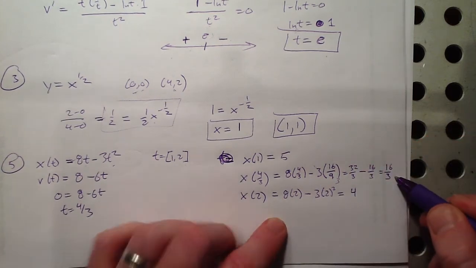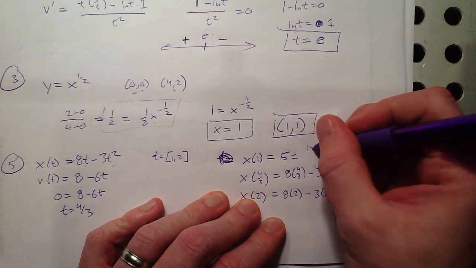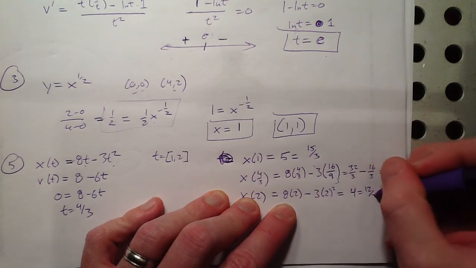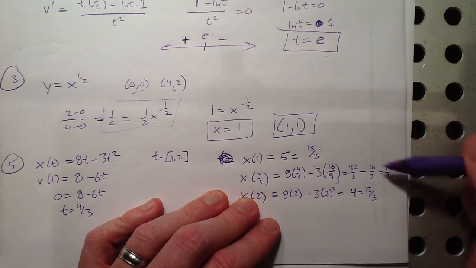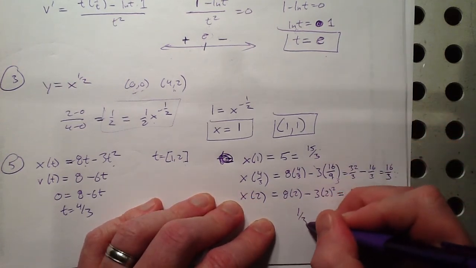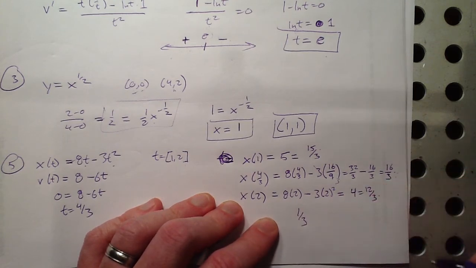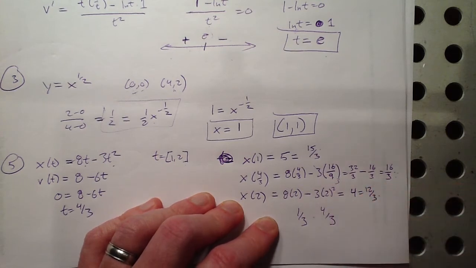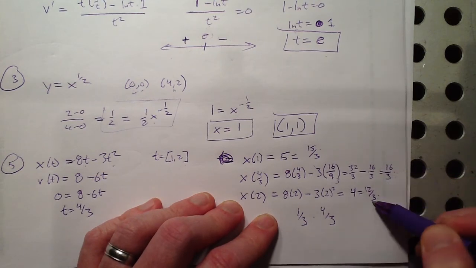Well, since this is in thirds, I guess maybe I could do this. 5 is the same as 15/3. 4 is the same as 12/3. So how far did it travel from here to here? From here to here, it went 1/3, and from here to here, it went 4/3, right? 1/3, and then 4/3 from here.